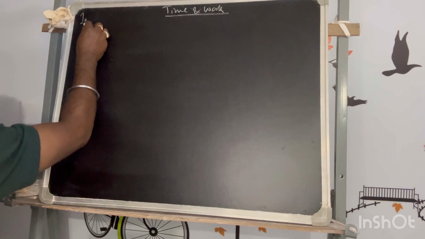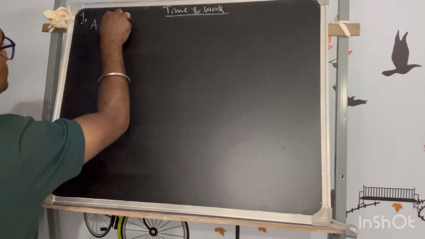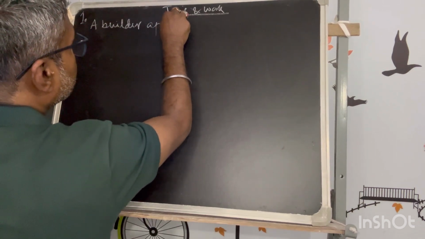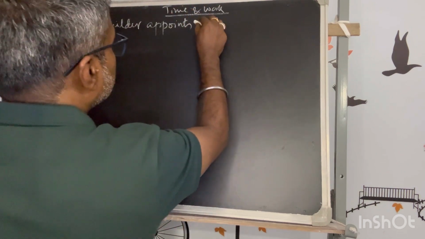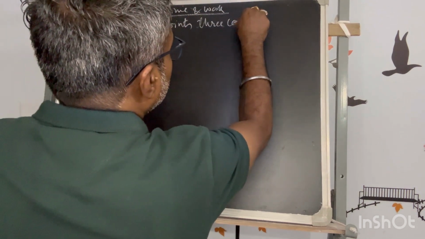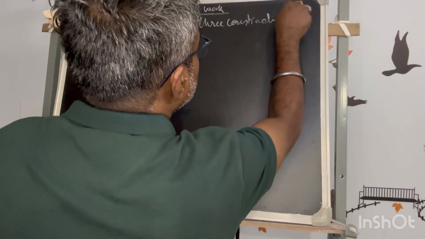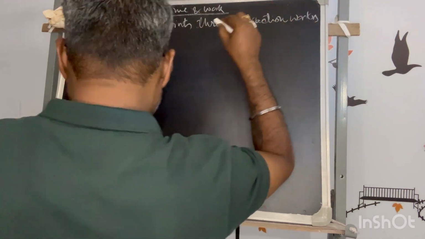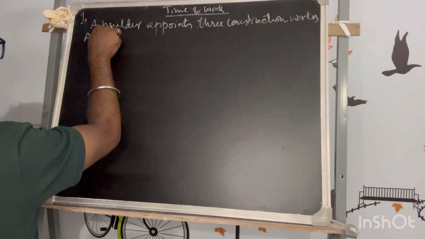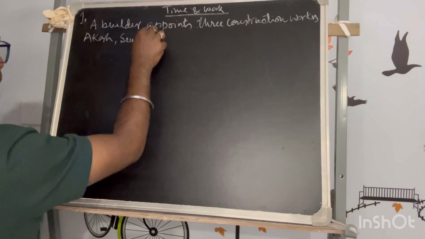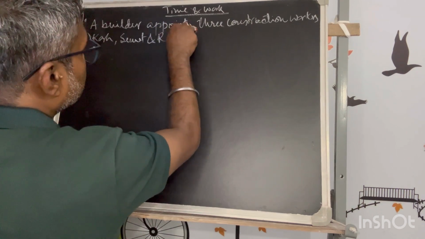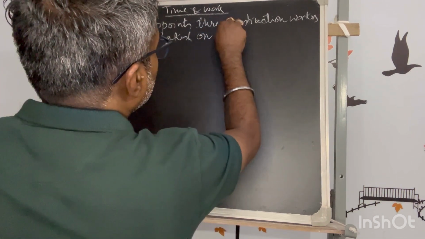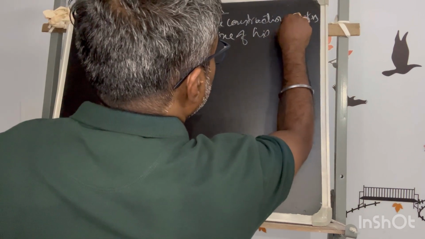So the first problem is: a builder appoints three construction workers, Akash, Sunil and Rakesh, on one of his sites.